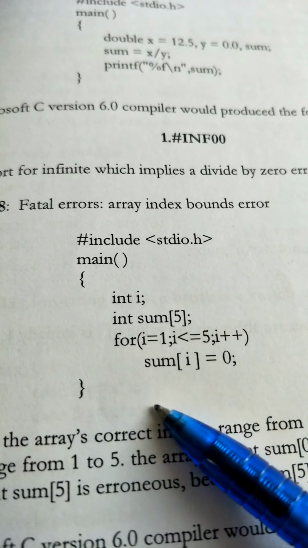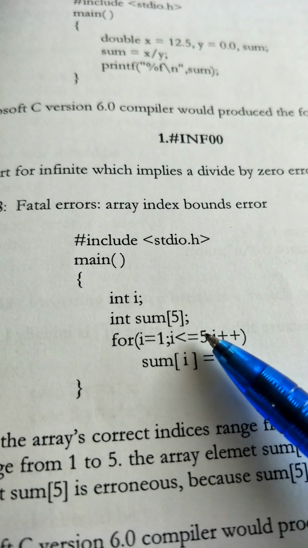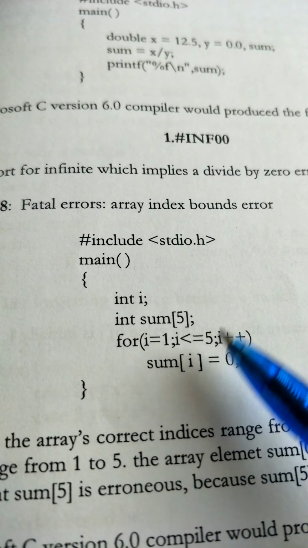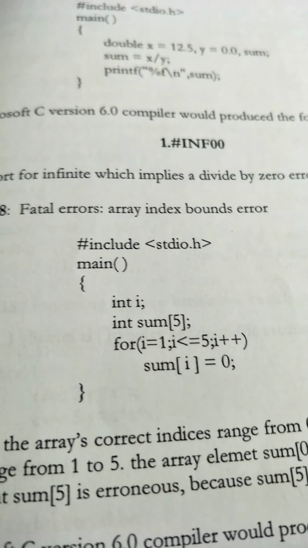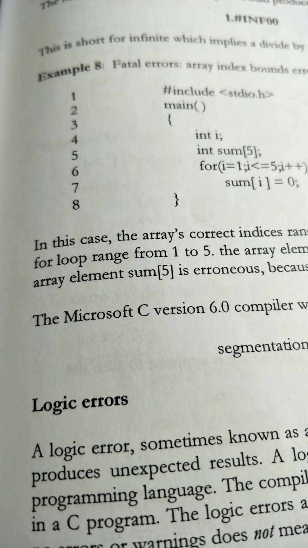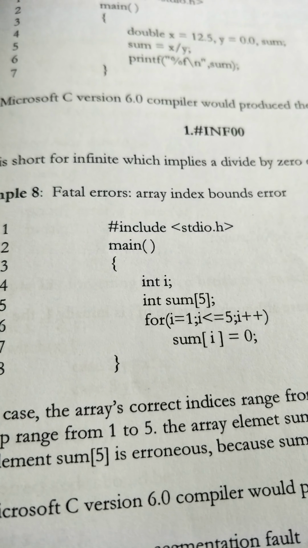But in this case I begin from 1 up to 5. So in this case you have sum 5, whereas we don't have sum 5. I will talk about that later. So that's the example of the runtime error.